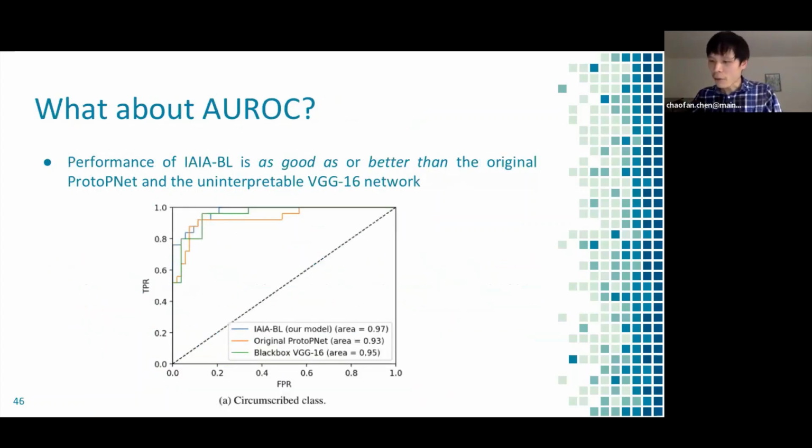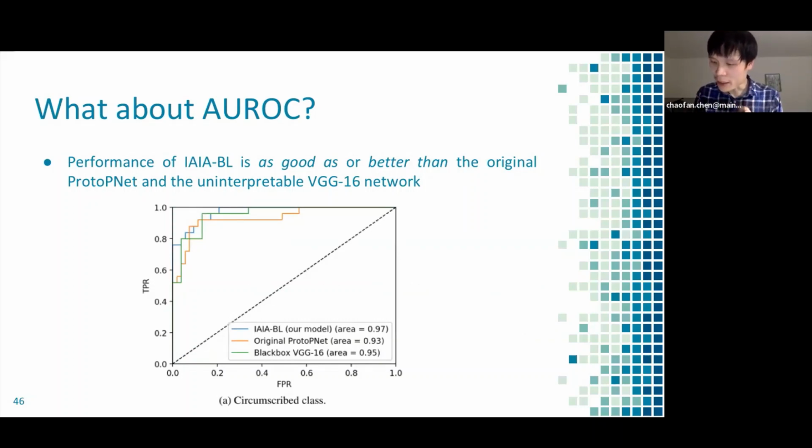So what about the performance of this model? We measure our performance using AUROC, and we find that the performance of the IAIBL model is as good as or better than the original ProtoPNet and the uninterpretable VGG16 network, which is the baseline network.